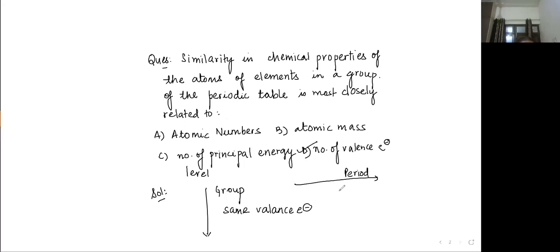Correct. In a period, the energy level is the same, the n value will be the same. The principal quantum number is the same, that is, the energy level is the same. Copy this. If this is done, let me know.